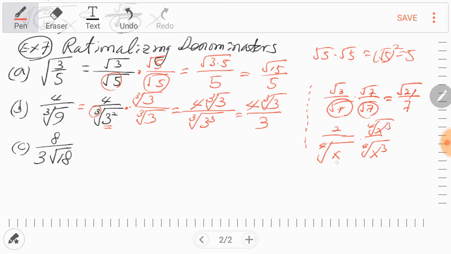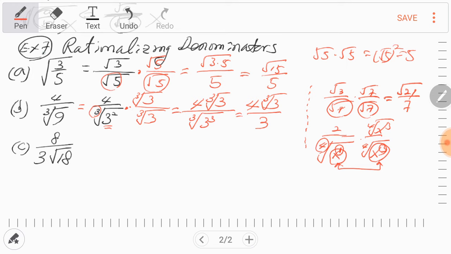Because this x times x cubed has to be x to the fourth power. The exponent of these two product has to be the same as the index. Since the power here is 1, we need 3 more, right? So multiply the top and bottom by the fourth root of x cubed.